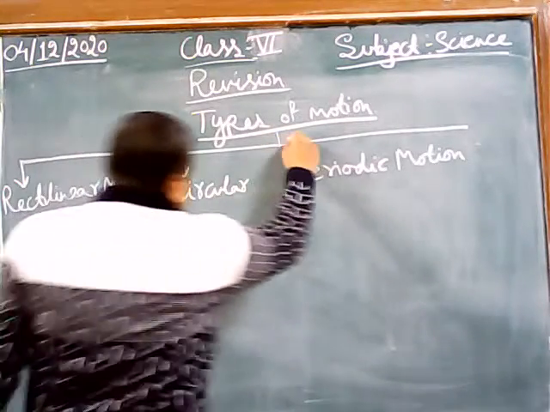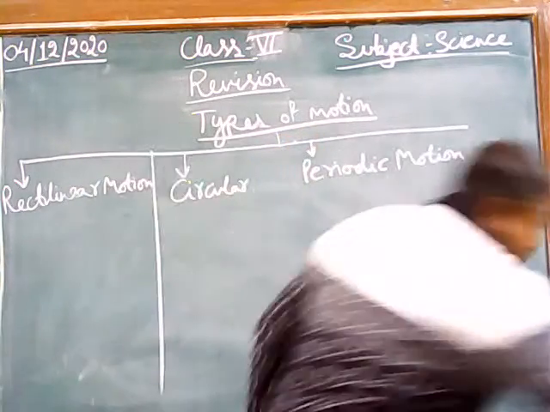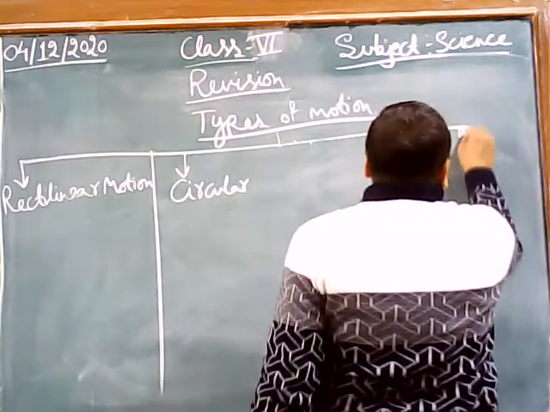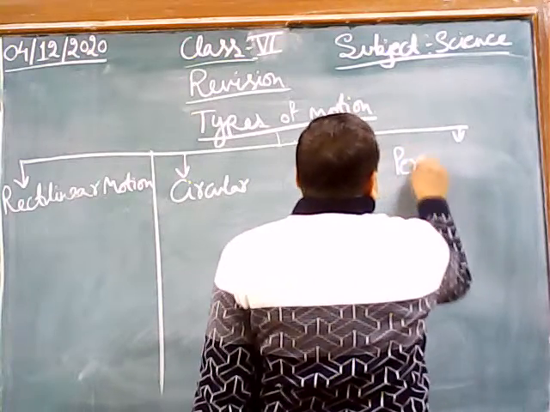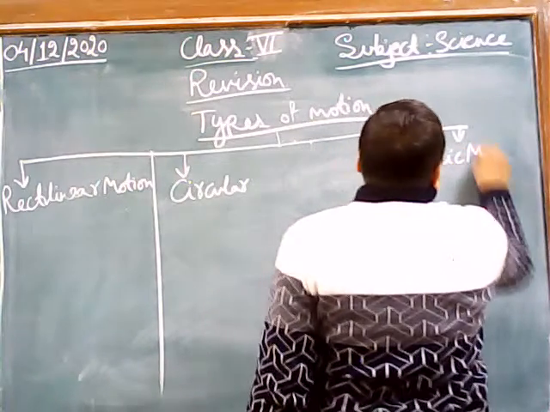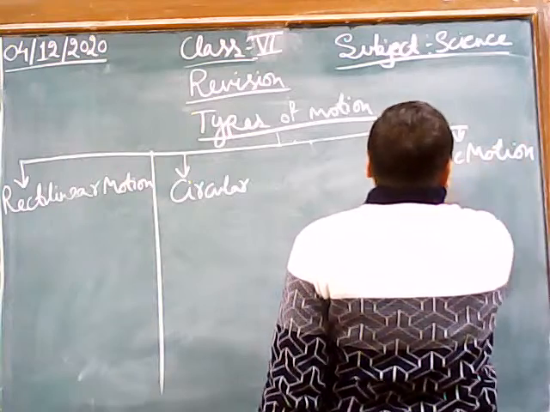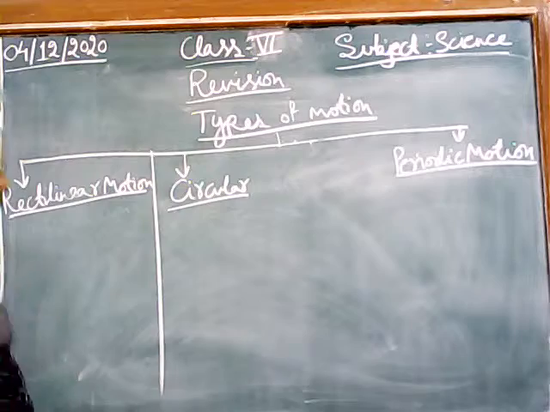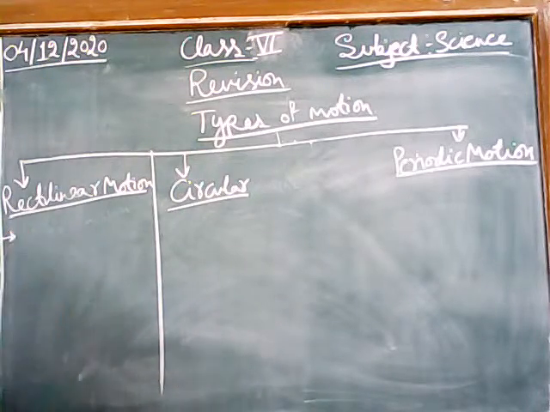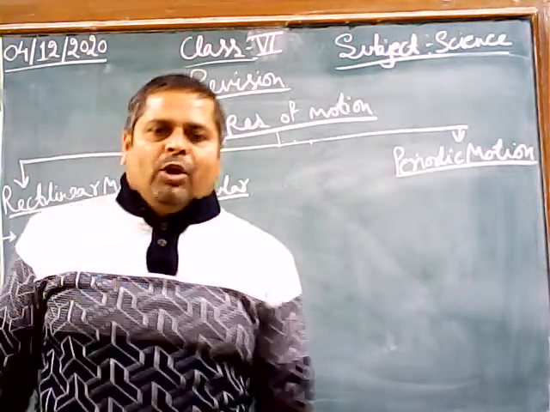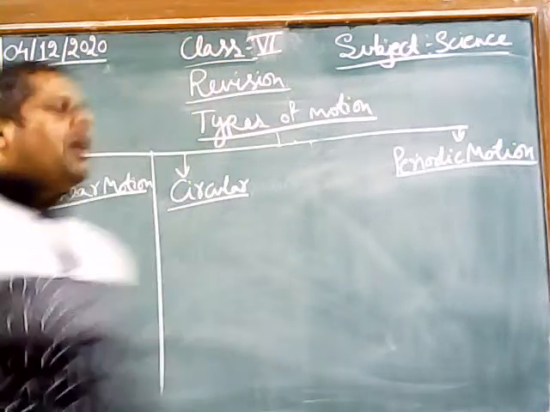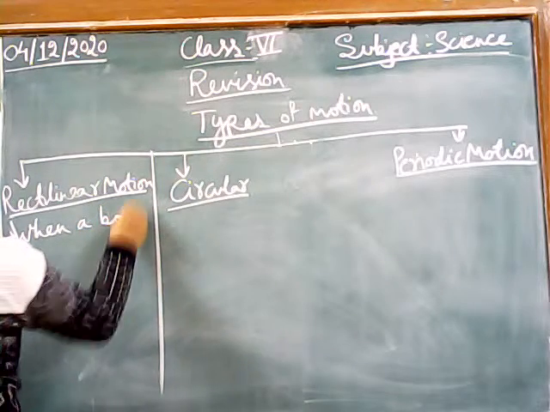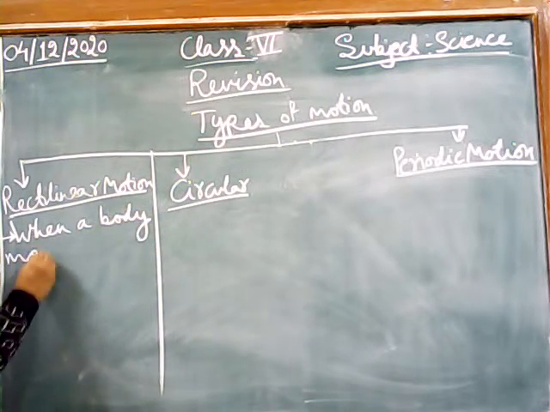Let us see their examples also. Rectilinear motion, circular motion and periodic motion. Rectilinear motion is such a motion when a body moves along a straight path.